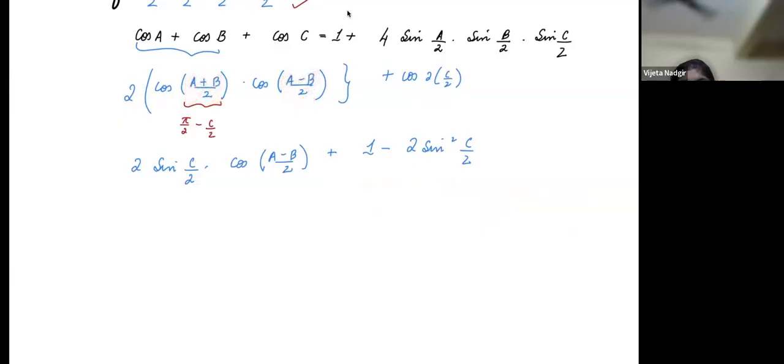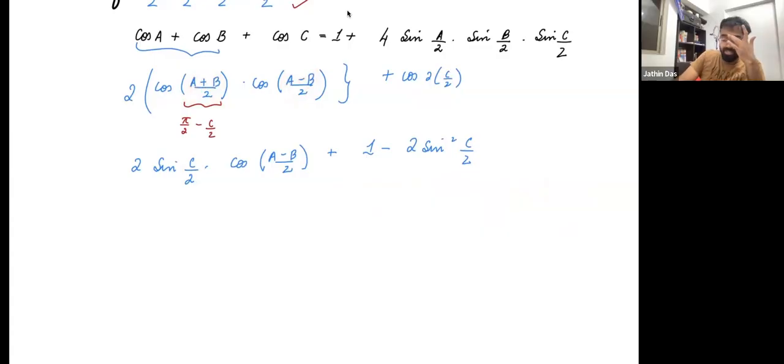1 second, I got confused. Can you repeat? What did you say? What were you saying? Tell me again. What did you apply to this? I was thinking you are applying cos a plus b into cos a minus b.